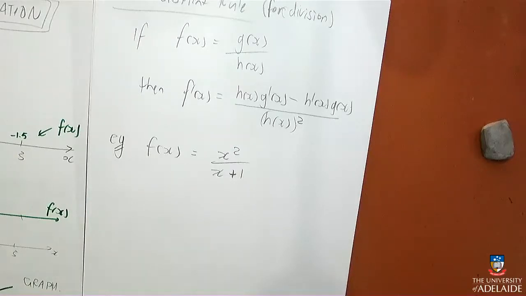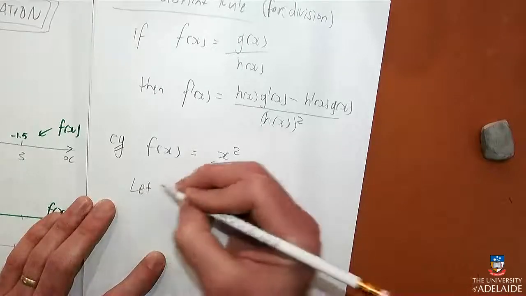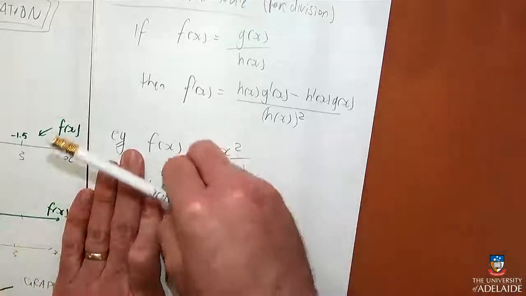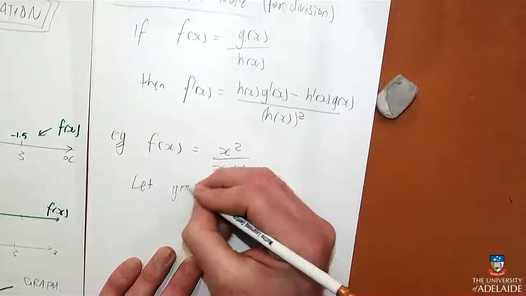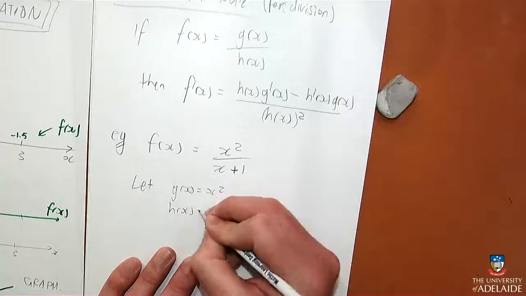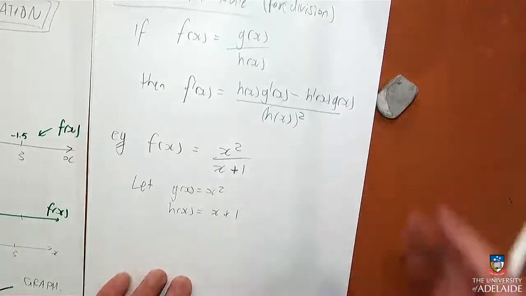So what I'm going to do is, I could do the quotient rule all in one go without writing anything else down if I want, but I could also tell the reader what all the pieces are. So I could say something like, let g of x be x squared and h of x be x plus 1, like that.